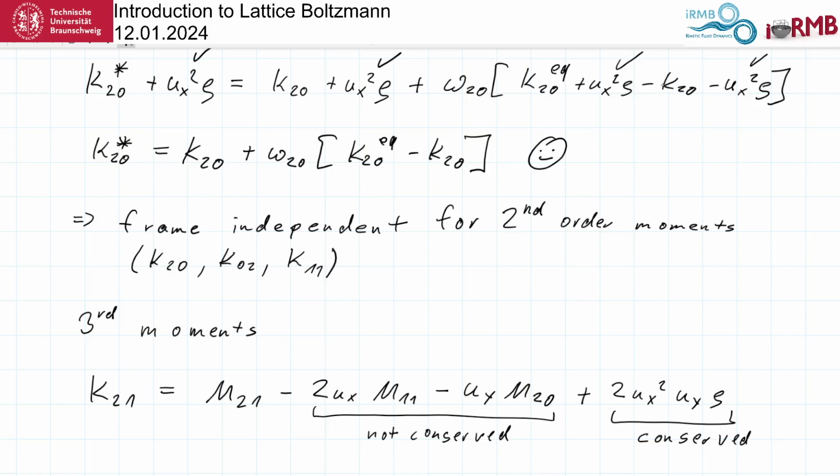Or let's say it is collision invariant, maybe it's even better. This is collision variant, so during collision this will change, and this is collision invariant. So the additional terms in the second order moments were all collision invariant, or there was only one term.